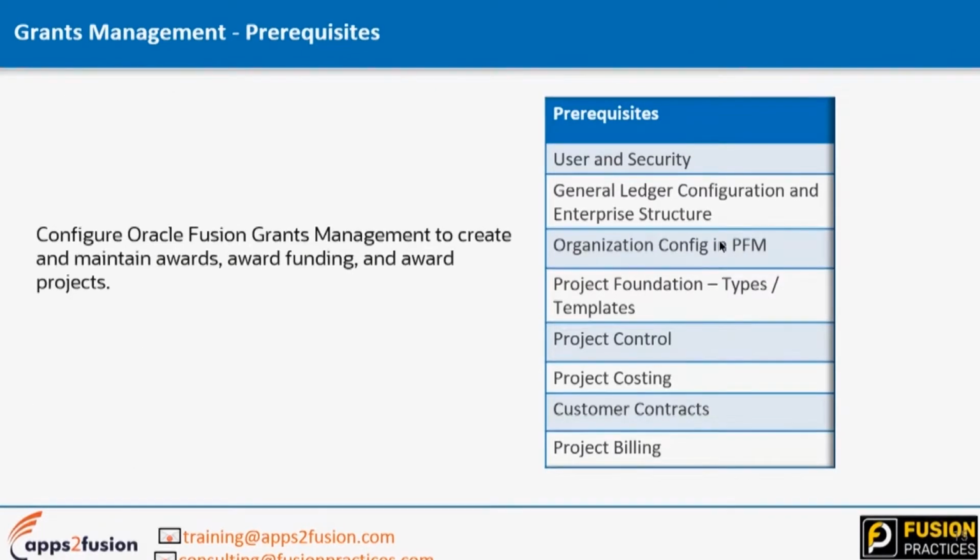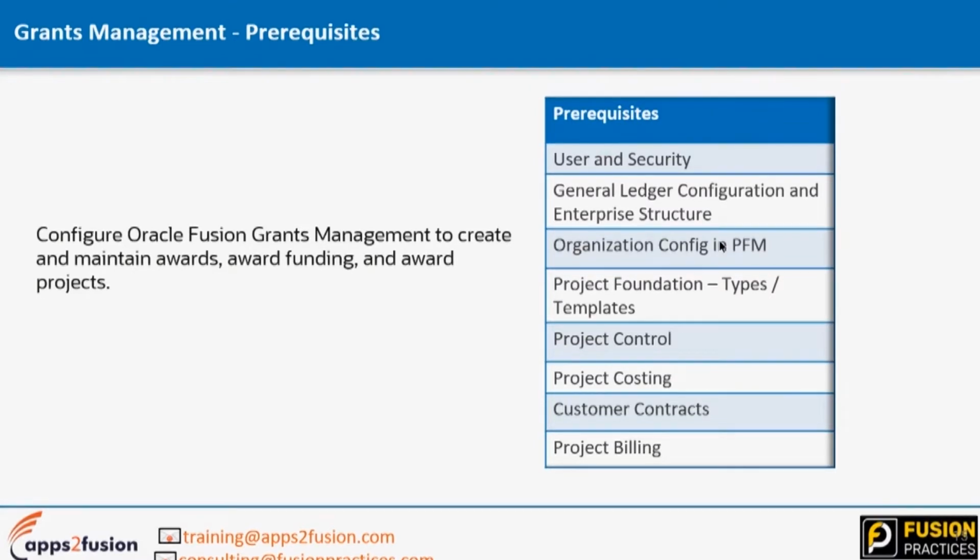So just to highlight something for Oracle Fusion Grants Management: it might sound like grants management can be implemented independently, but there are a few prerequisites required from other subledgers, including the PPM project subledger, and a few things are required from HCM and a few from GL.